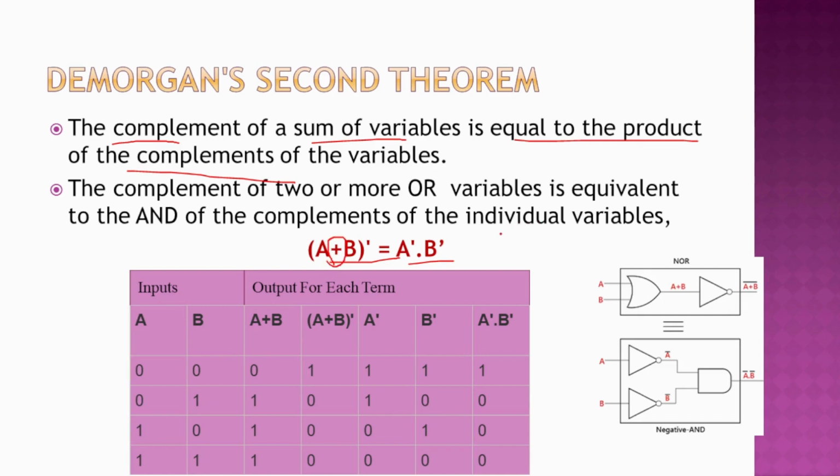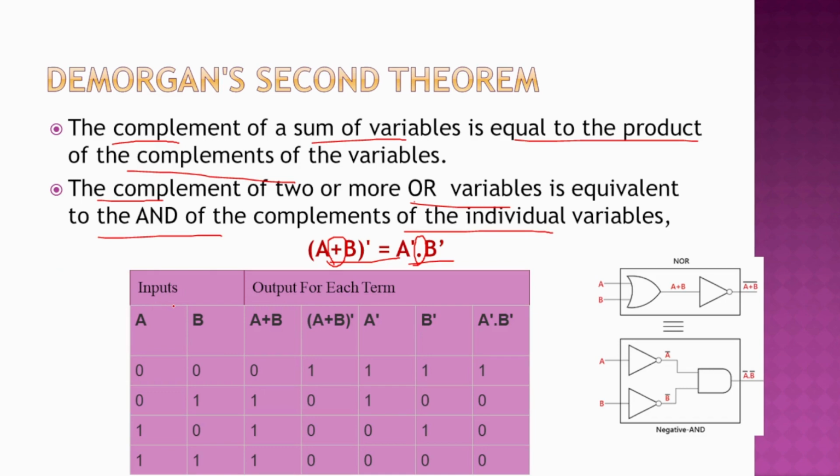In the RHS, in the first theorem we use the addition operation, but here we use the product method or AND logic gate. The complement of two or more OR variables is equivalent to the AND of the complement of the individual variables.